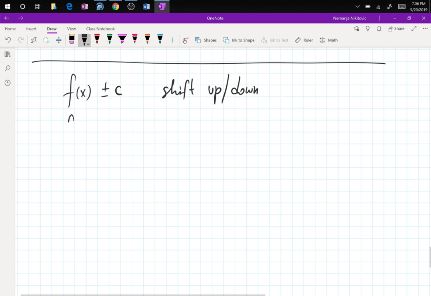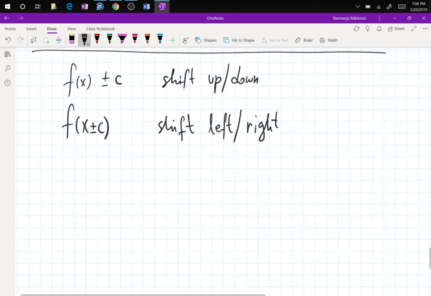Then we have f of x plus or minus c inside, which is shift left or right. We can stretch or shrink functions by c f of x or f of c x.